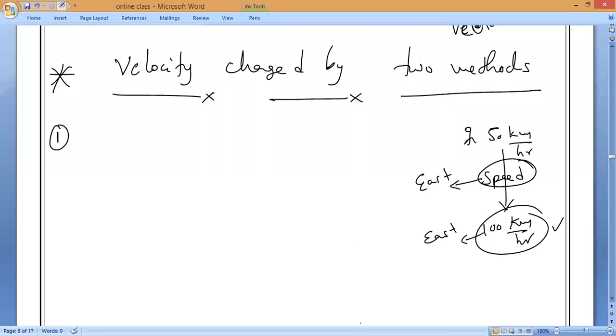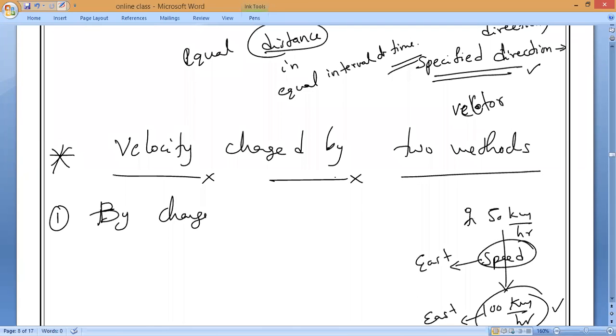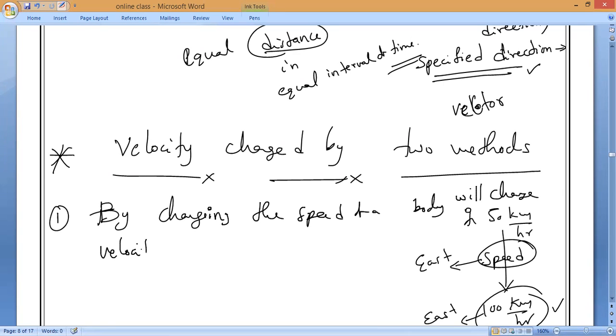By changing the speed of a body, we will change the velocity of the body.